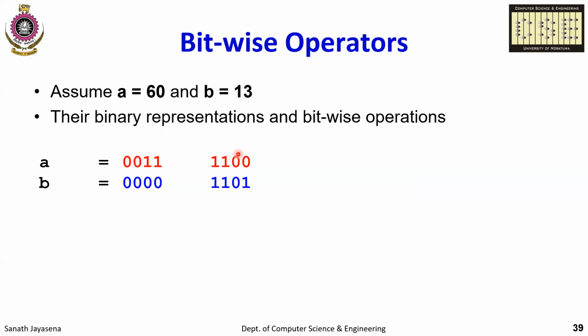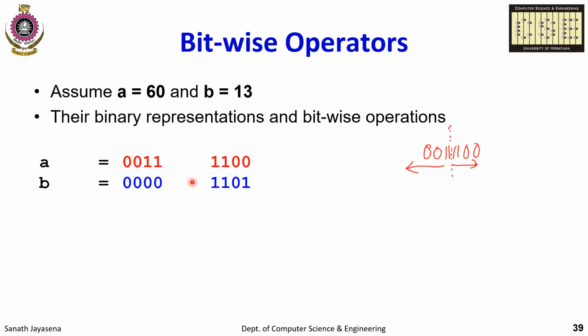But for now, just believe me, and we can basically say the value of A, 60, is represented in binary in this manner. We have separated it, but with 8 digits together, A would be 0, 0, 1, 1, 1, 1, 0, 0. We have put a gap in the middle to improve readability and make things easy to read.